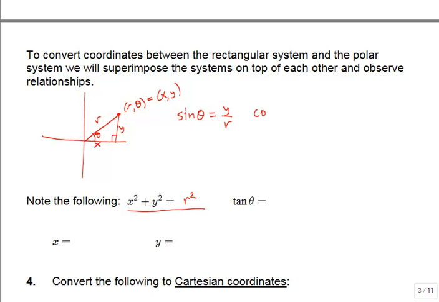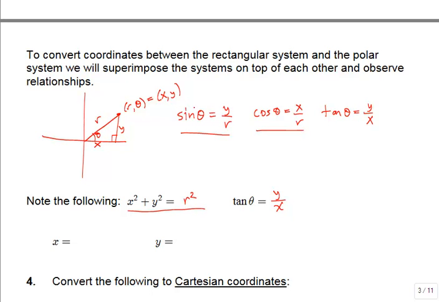And cosine of theta should be the adjacent side, which is our x, over our hypotenuse, which is r. And tangent of theta should be opposite over adjacent, so tangent of theta is defined to be y over x, and we can use these other two relationships here and here to solve for y and x.